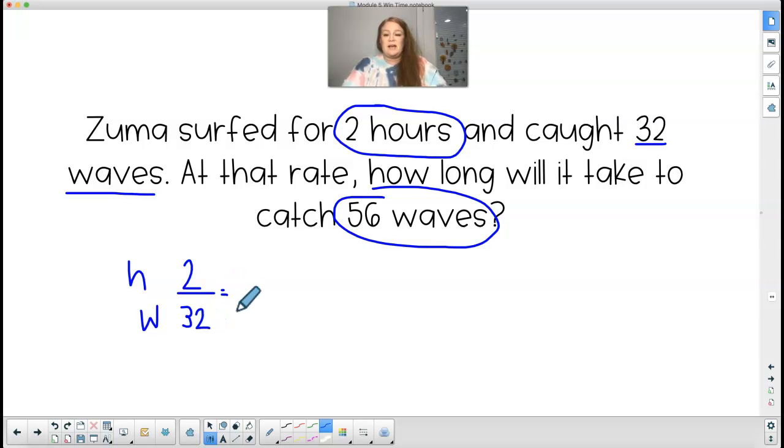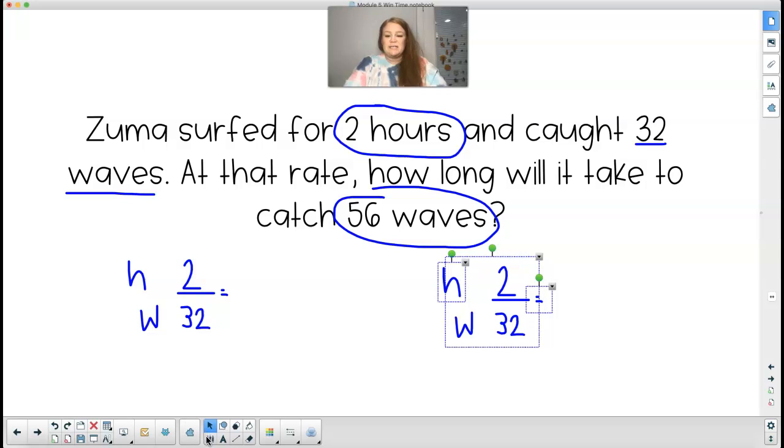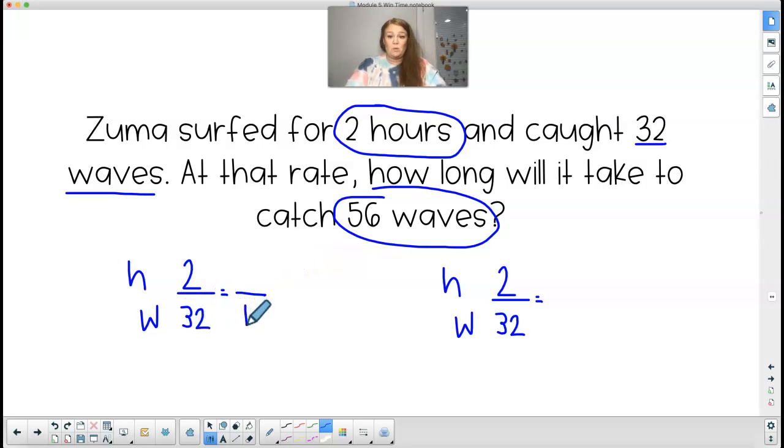So there's my first setup. If I want to do the proportion strategy, it looks exactly the same. If I'm finding the unit rate first, I want to take this 56 and make it 1 wave. So how much can they do in 1?